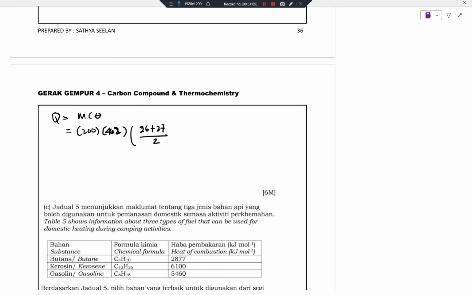Since it is endothermic, we do initial temperature minus final. So 200 times 4.2 times (26 plus 27 over 2 minus 25) gives 1260.